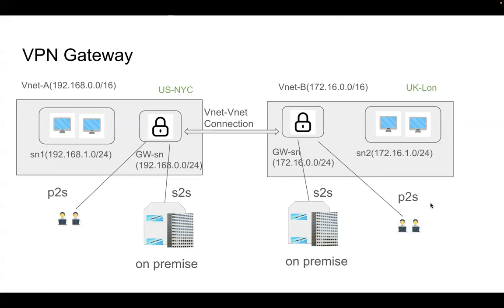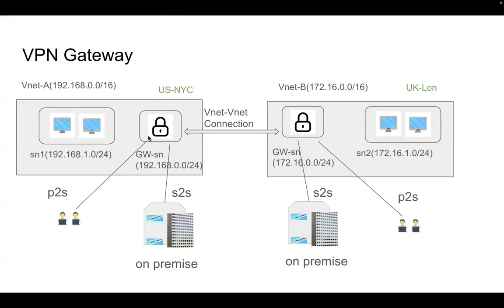So whoever is working in UK London connects to this gateway subnet and accesses the resources. And the people in the US New York office on premise and point to site connect to the gateway subnet in US New York, on the cloud.